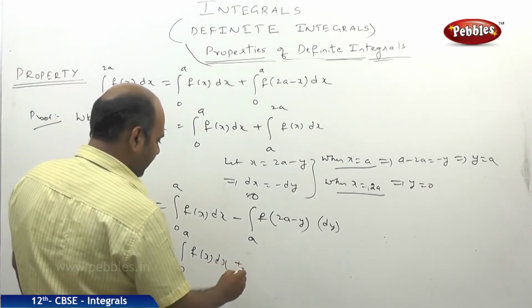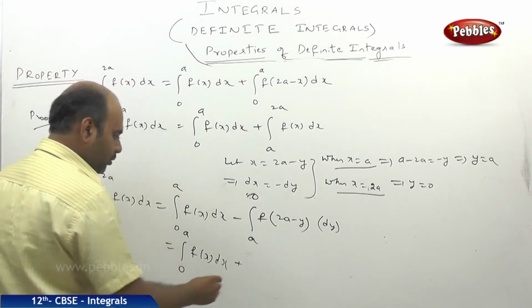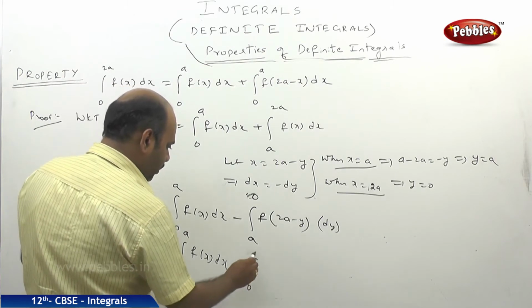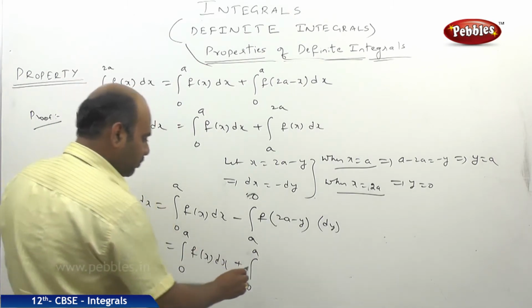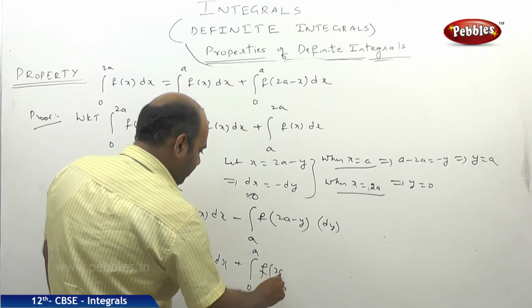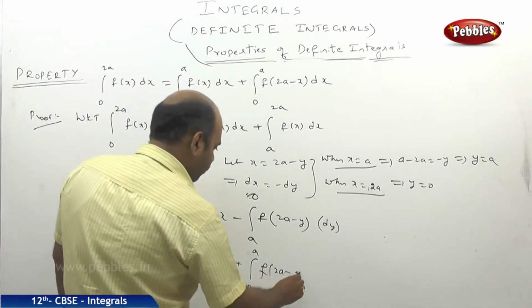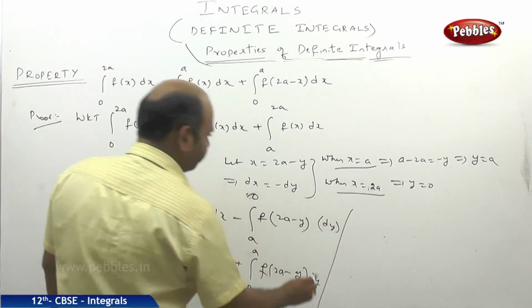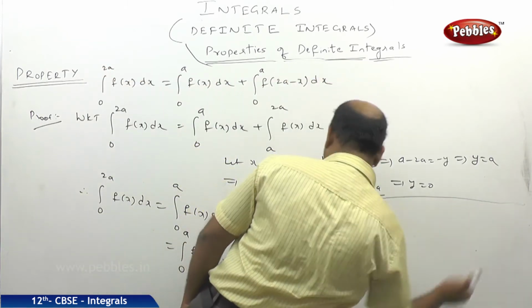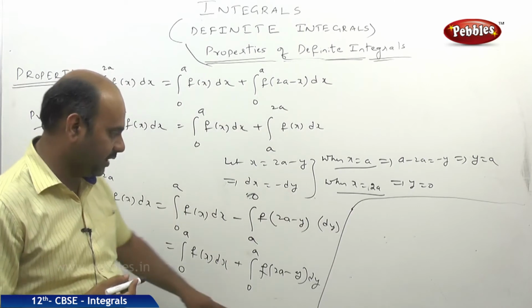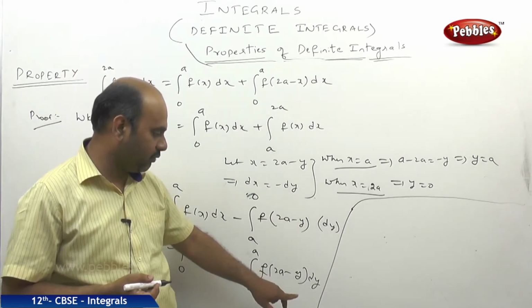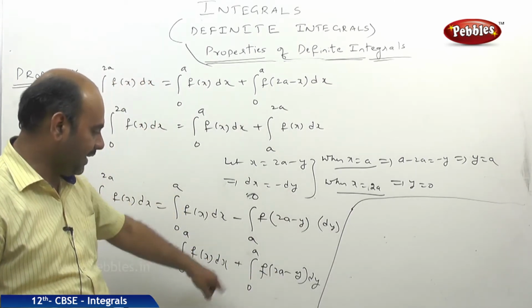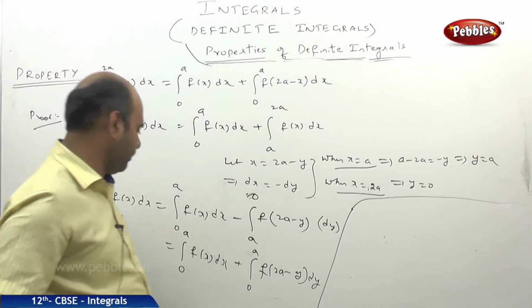So I will be applying that particular property, property 2. It turns into 0 to a, and minus minus becomes plus, and here it turns as f of 2a minus y dy. So finally, as x and y are independent of each other, if we put x is equal to y, there is no loss, because as it is a definite integral, we will be getting the same value.